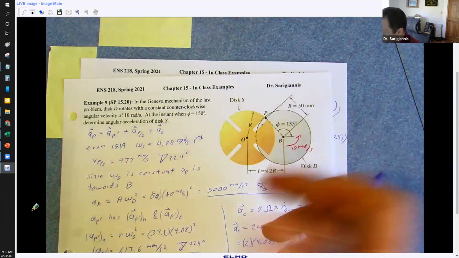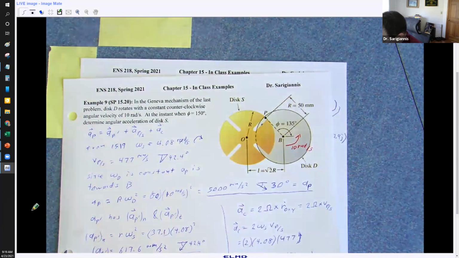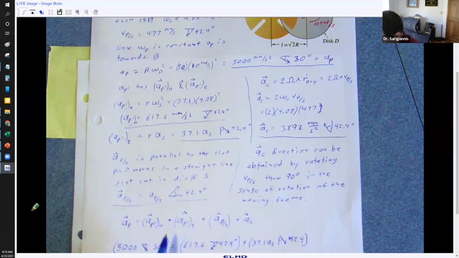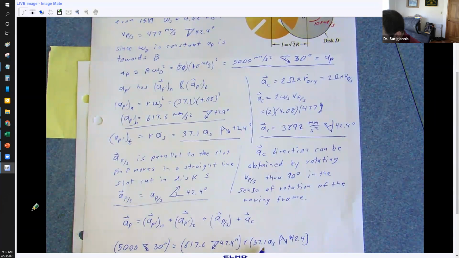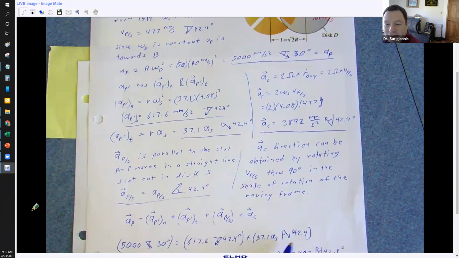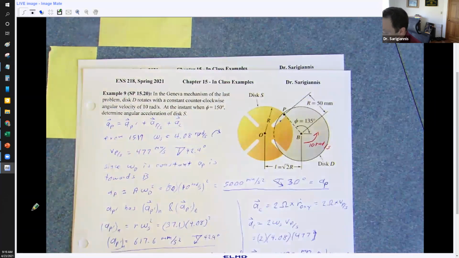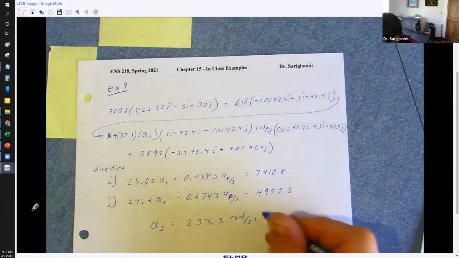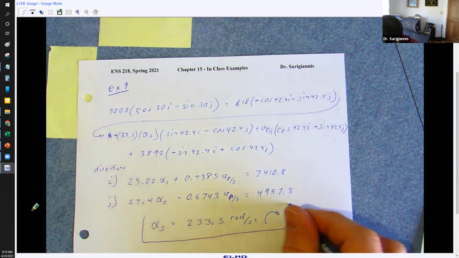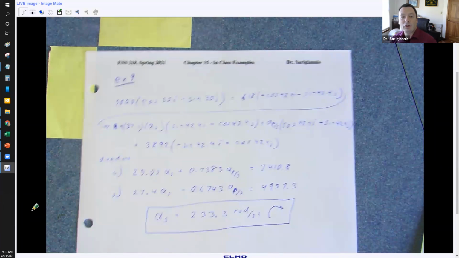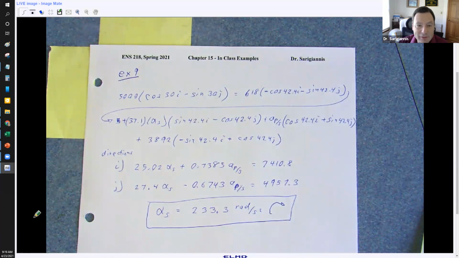And if you look at the direction, you can intuit it from the problem, but you can also see it from the vector. 37.1 AS is angled downwards like that, so it's accelerating clockwise. That's the direction. You can also use vector format to do this, and that's what your textbook does.